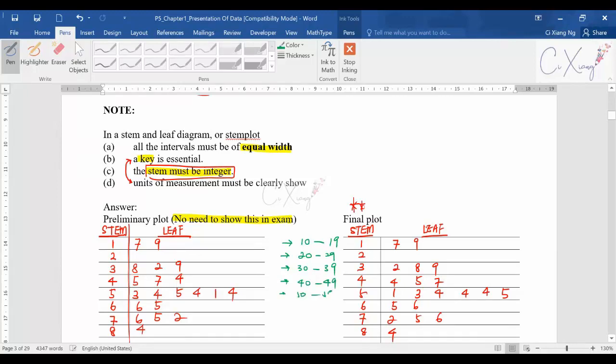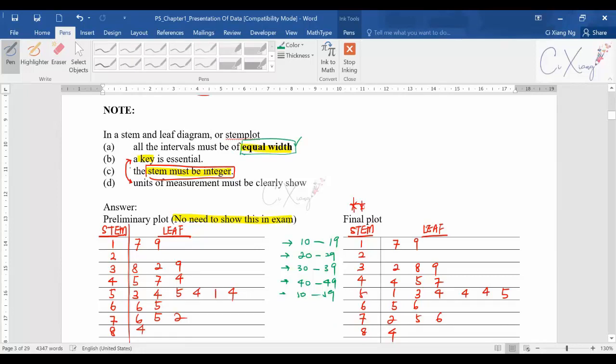Okay, so 50 to 59. So you can see 10 to 19, 20 to 29, the width of the class is the same. 19 minus 10, you get a 9, right? So 29 minus 20 also gets a 9. Everything is a 9. All right, so this is what we mean by equal width.